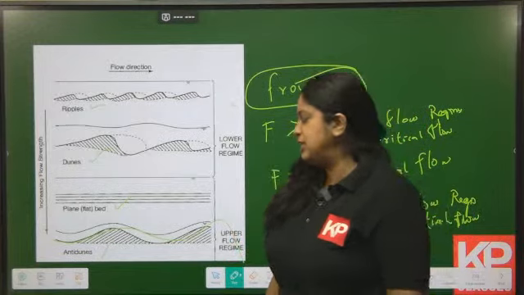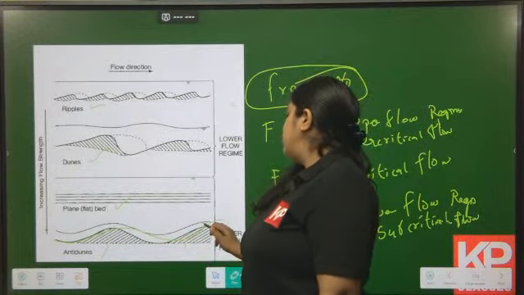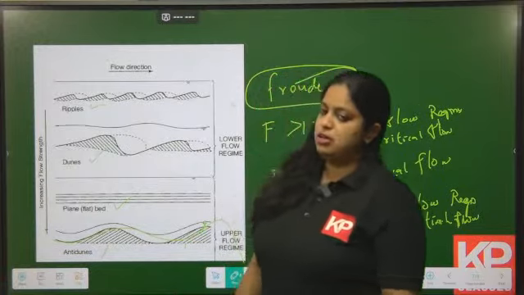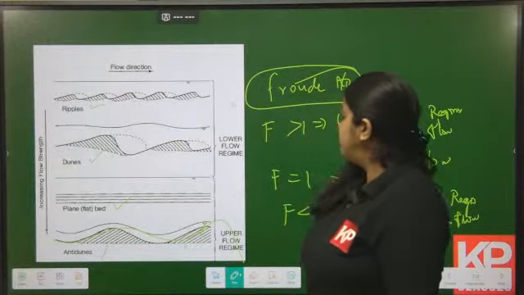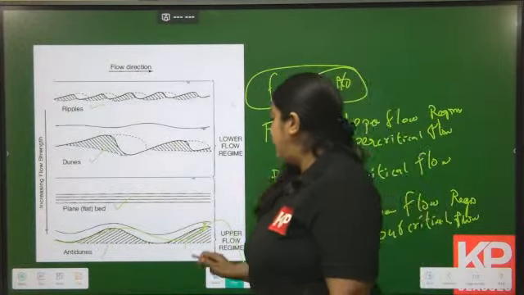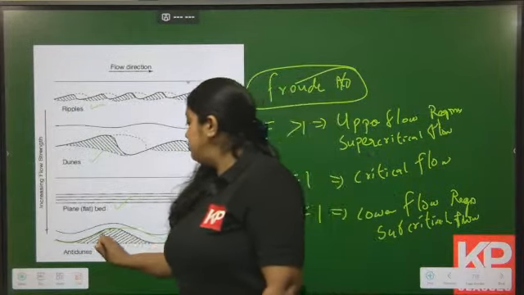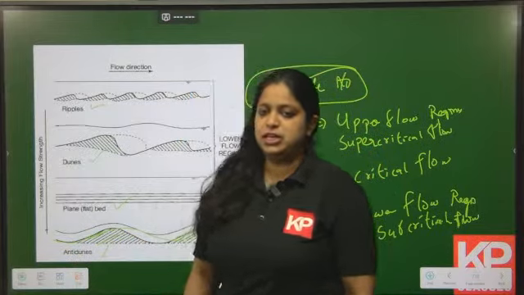Antidunes' speciality is that they happen when the depth of water is comparatively lower, but the speed of water is much higher, and the deposition of sediment happens in such a way that it dips towards the upstream direction.